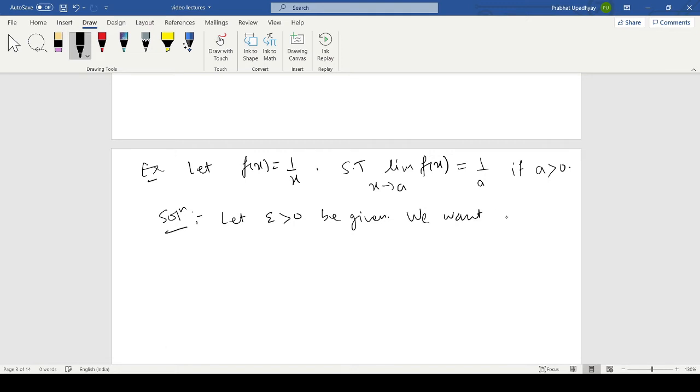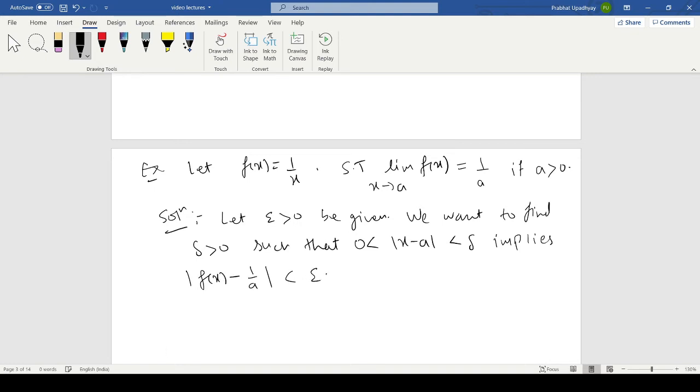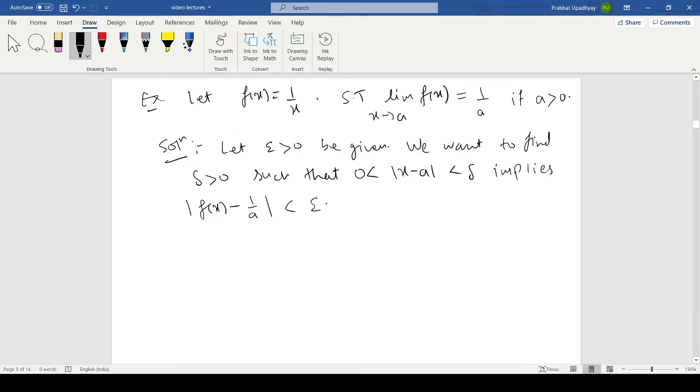We want to find delta greater than 0 such that 0 less than |x − a| less than delta implies |f(x) − 1/a| is less than epsilon.